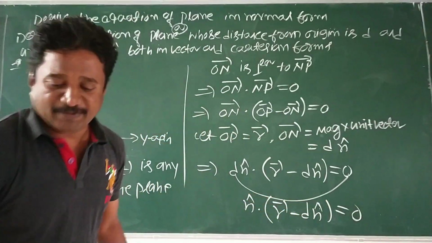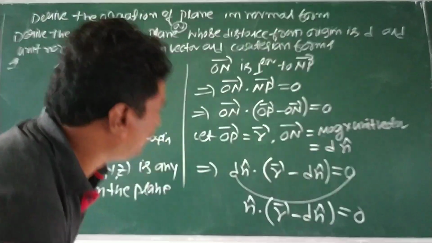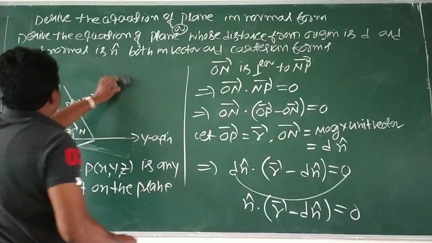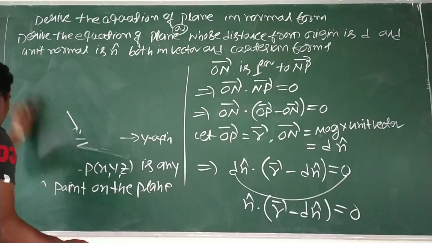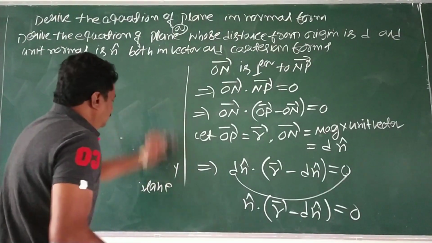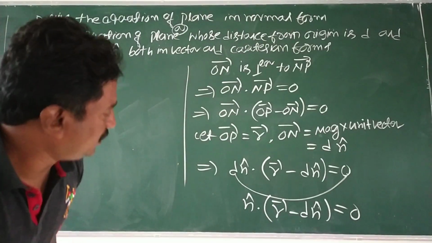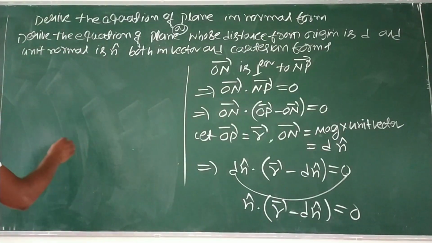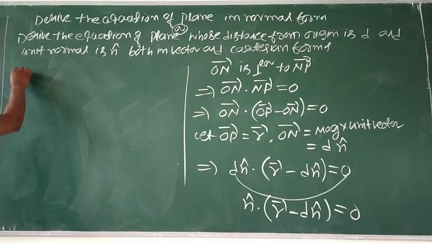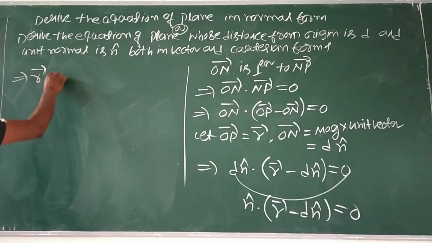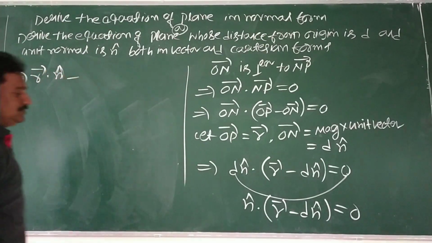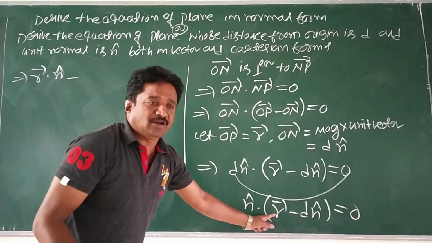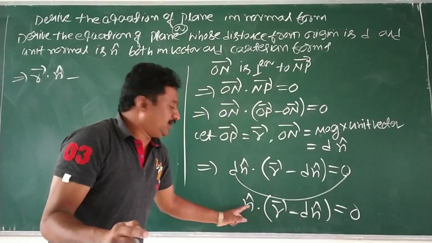Multiply by n cap. So that is n cap dot R minus D n cap dot n cap.